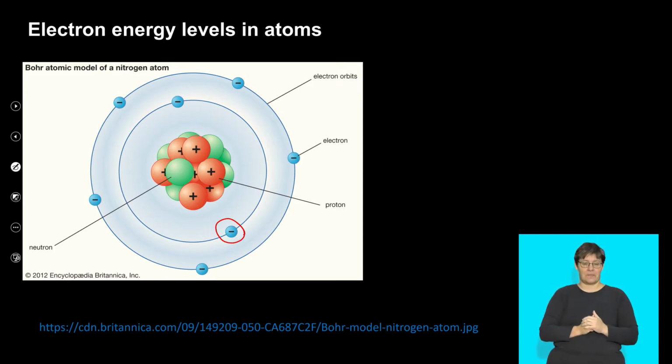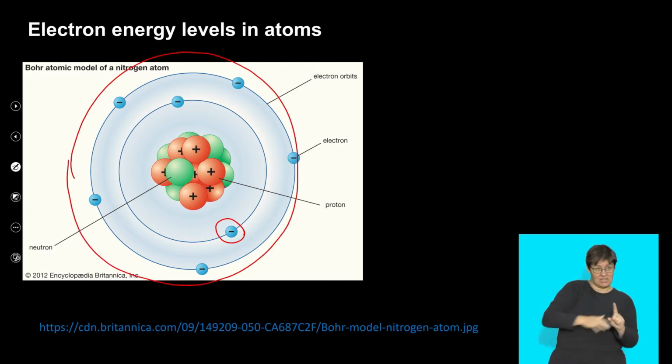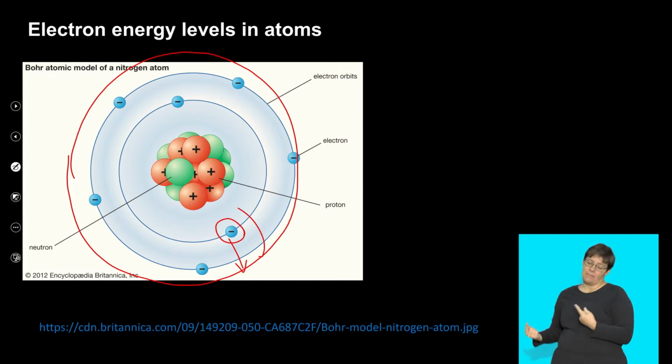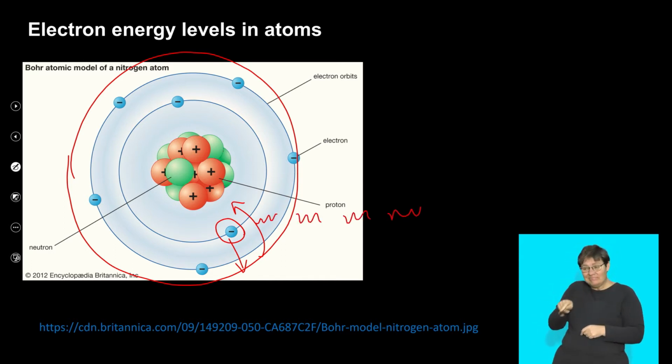If an electron jumps, so there's another energy level over here with nothing in it. But this electron can be given energy and then it jumps. It becomes excited, but it can't stay there, okay? When it then goes back to where it should be, the energy that's given off is seen as light.